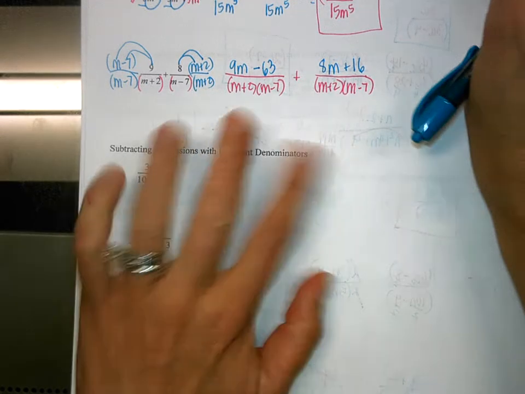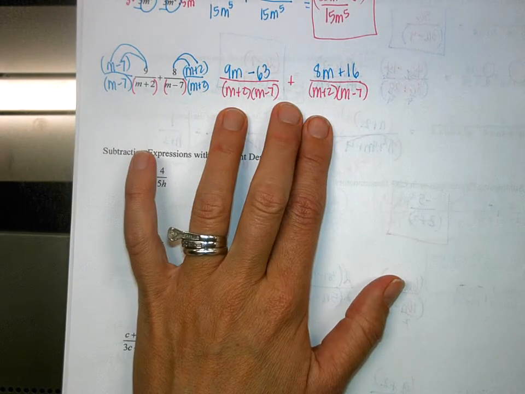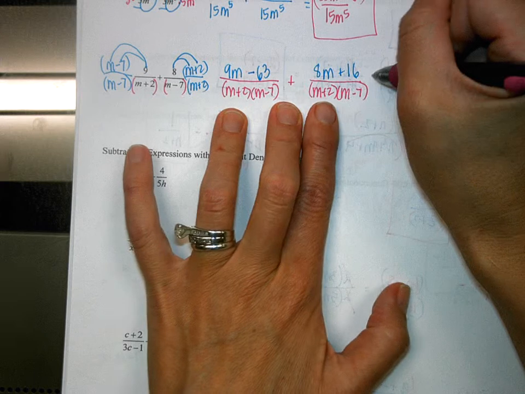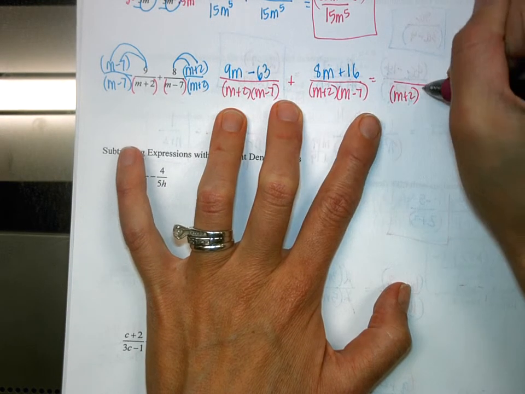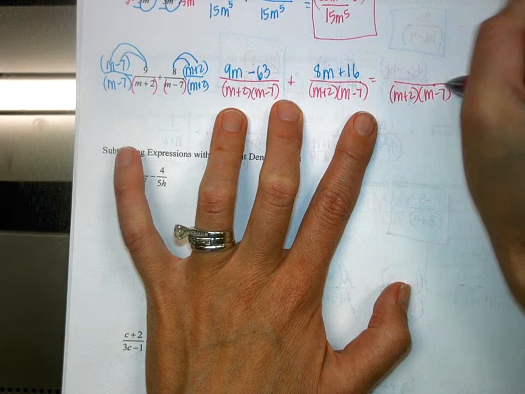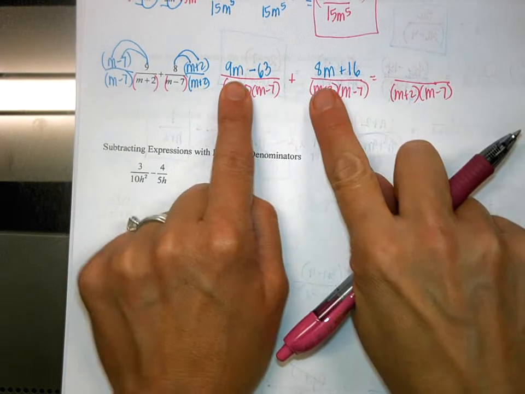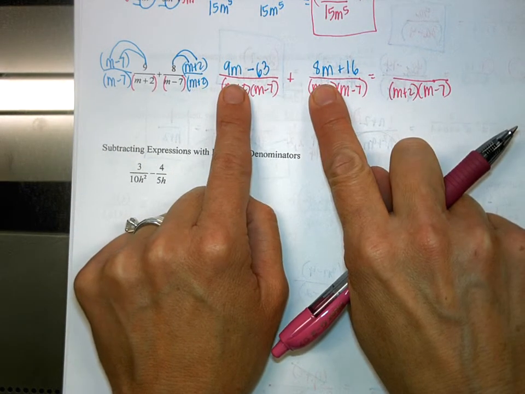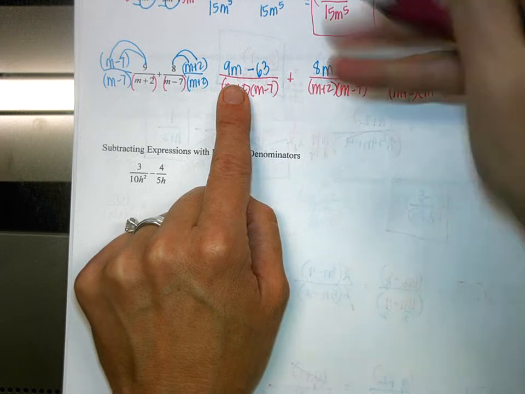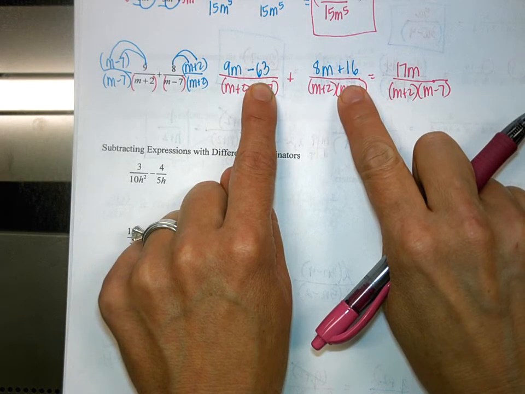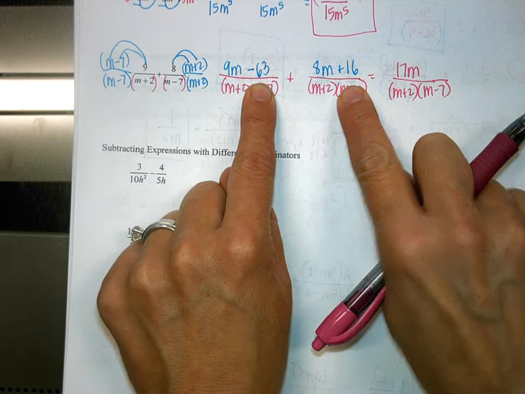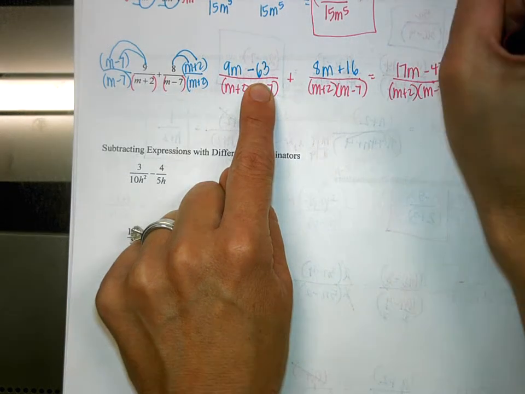Okay, so now we have like denominators, and we can add our numerators together. So I rewrite this with my denominator, m plus 2, m minus 7. And then we can add the m's together, which makes what? 17m. And negative 63 and positive 16 makes negative 47.